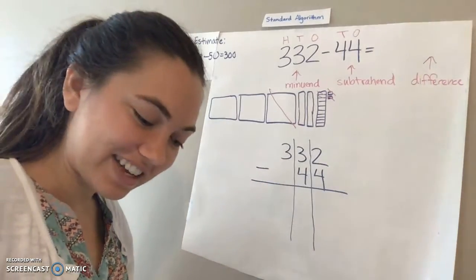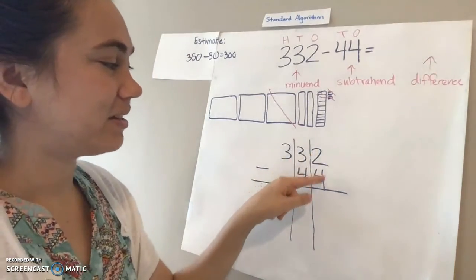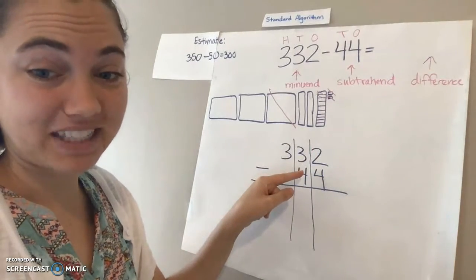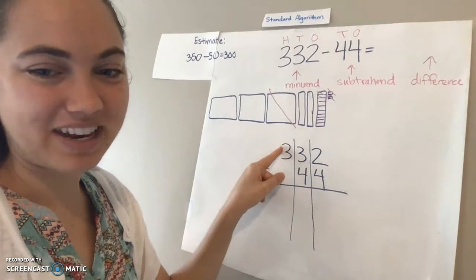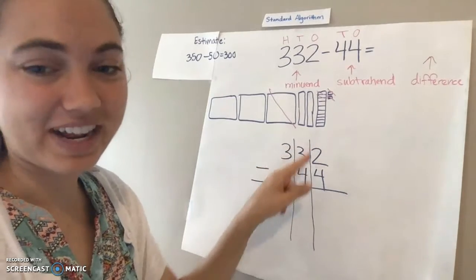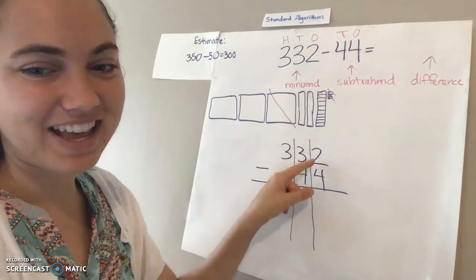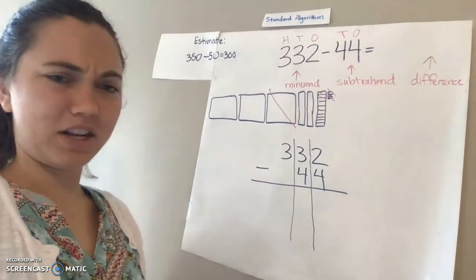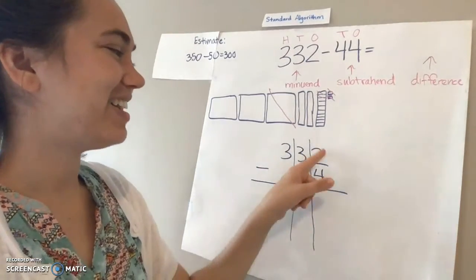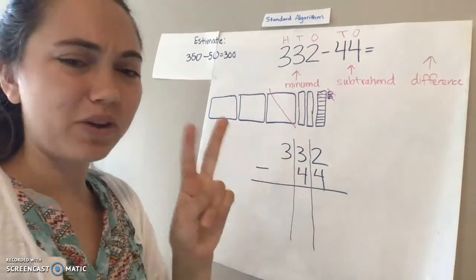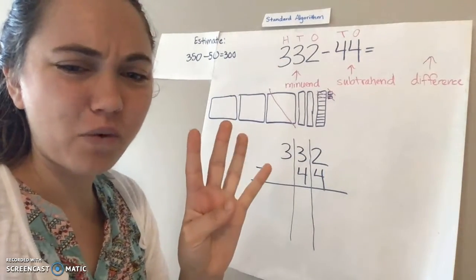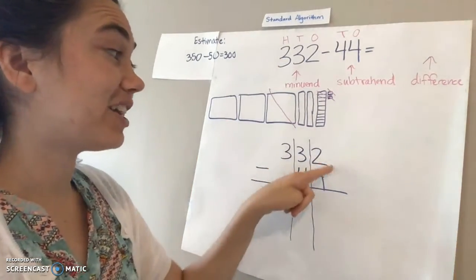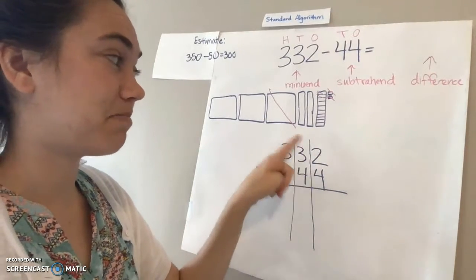I am ready to subtract my subtrahend from my minuend. So we always start in the right column with the ones. 2 minus 4. We can't do that. We only have 2. How can we give away 4? We need to go next door and take some more.